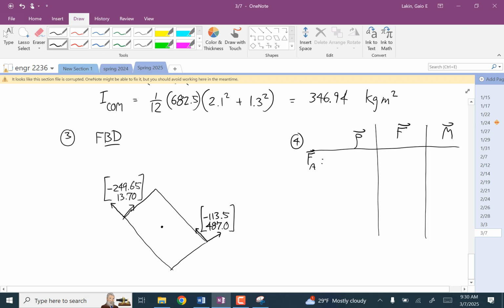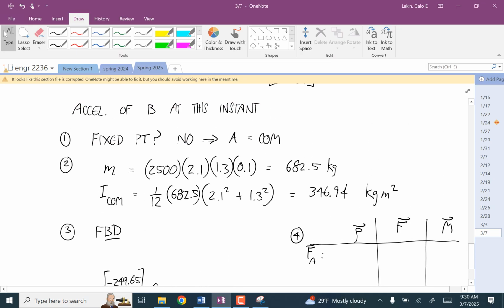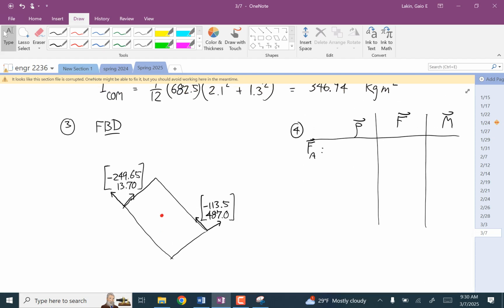So now our about point is the center of mass. We figured that out in step 1, that our about point had to be the center of mass. And so our row vector is from the about point to the point where the force is applied.